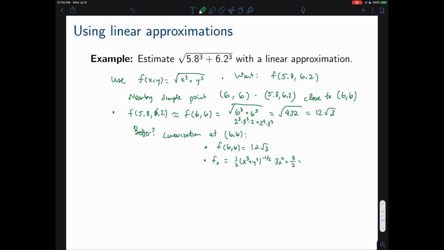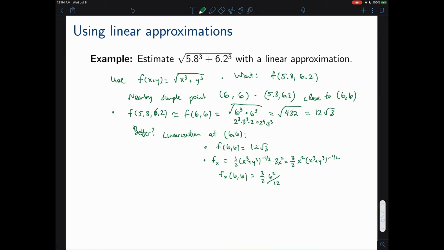In other words, 3 over 2 x squared (x cubed plus y cubed) to the minus half. And fx of 6, 6 would be 3 over 2 times 6 squared over, (x cubed plus y cubed) to the minus half is the thing we figured out before, 12 root 3.